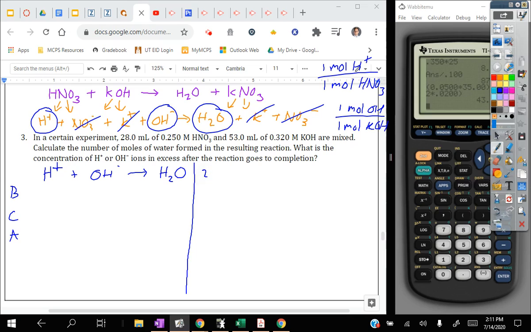So 28.0 mLs over 1,000 milliliters. In this particular example, we need to put it in liters first, times my molarity of HNO3. All right.